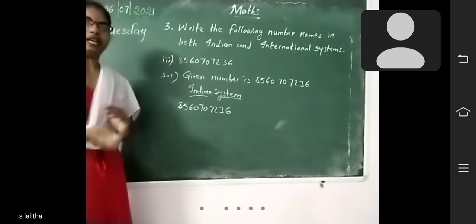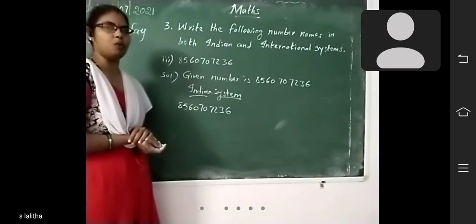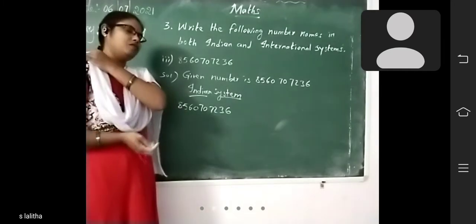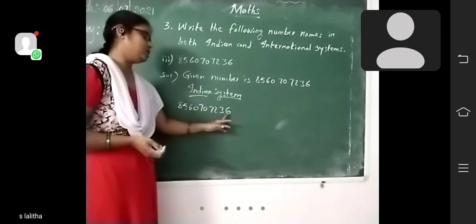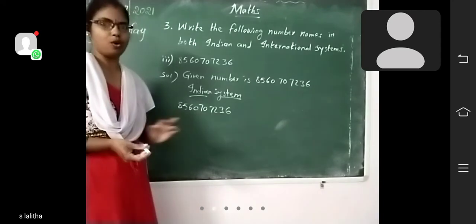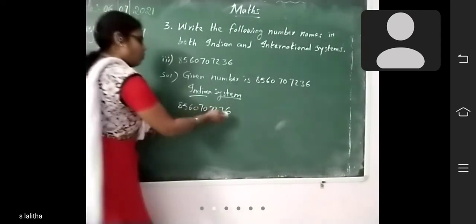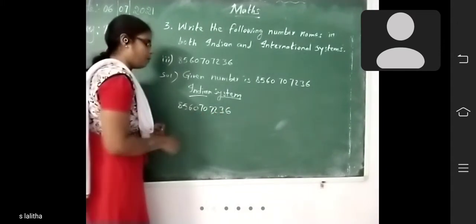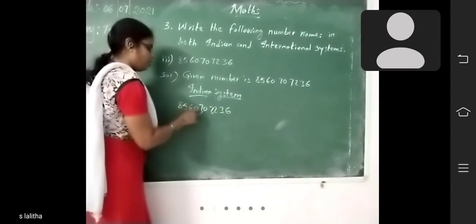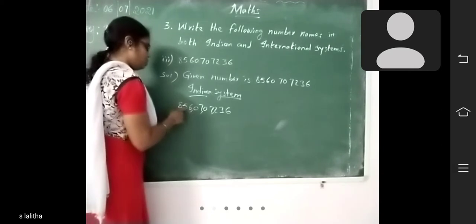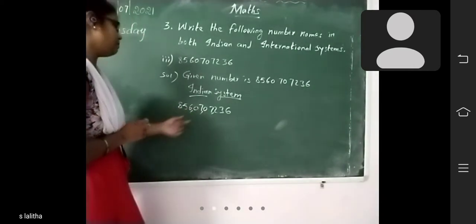Okay. So in the Indian system, you should keep the commas from right side to left side: first 3 digits, after that you keep the comma, and next every two digits you keep the commas. 1, 2, 3, keep the comma. Next 1, 2, keep the comma. 1, 2, keep the comma. 1, 2, 3. Okay. Now read this number.